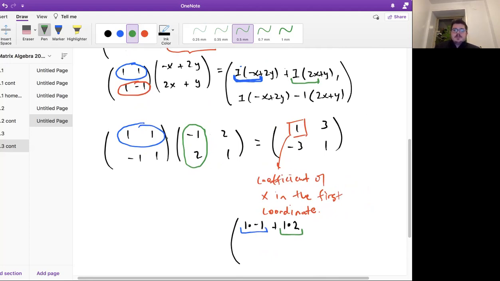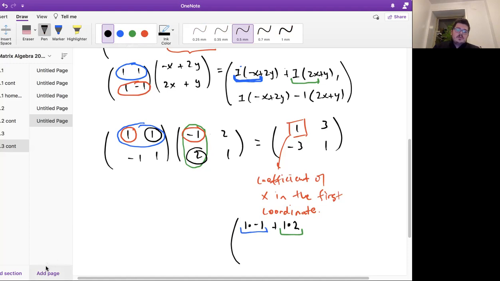We're taking 1 times -1, and then adding it to 1 times 2. So we're bypassing the need for going through the composition and just looking at some combination of the elements in the matrix.